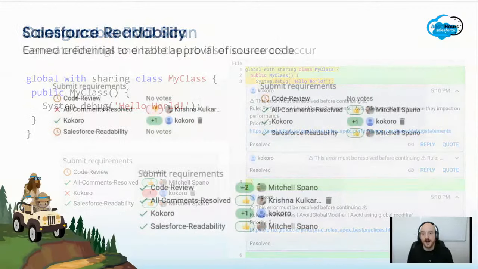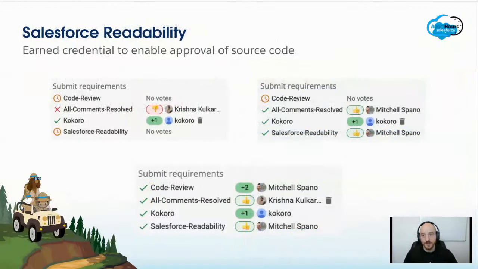All right, and then finally, we'll talk about Salesforce readability here. So this is an earned credential to enable approval of source Salesforce project. So at this point in time, we've got a change list that was created by my colleague Krishna. Kokoro passed, all of the validation was good, the test ran successfully, the PMD scan was fine, but he does not have Salesforce readability.